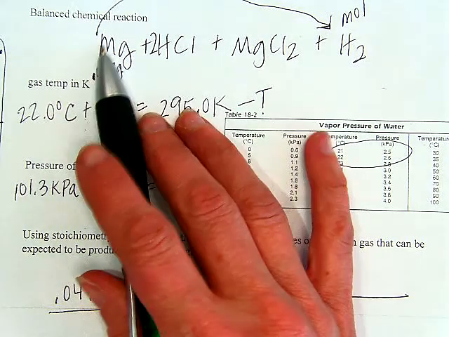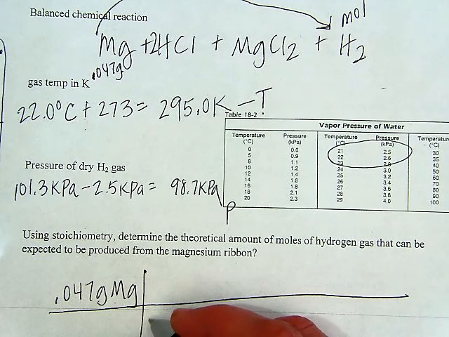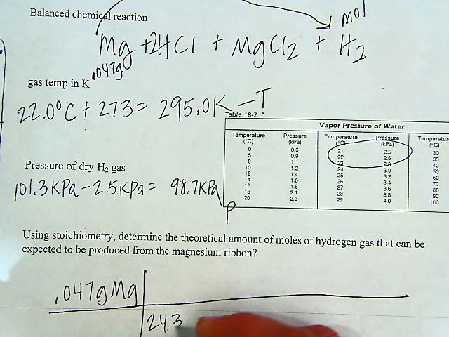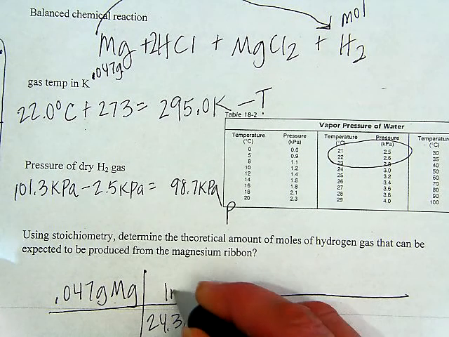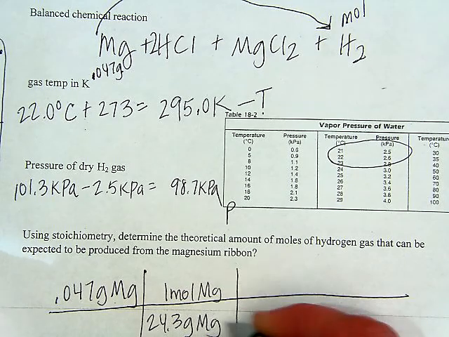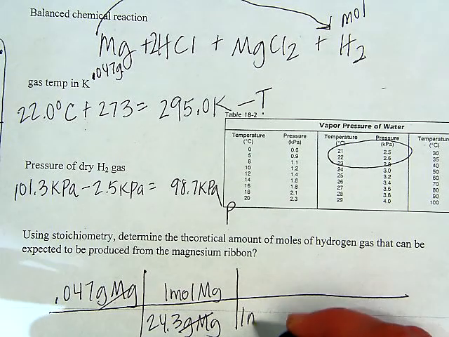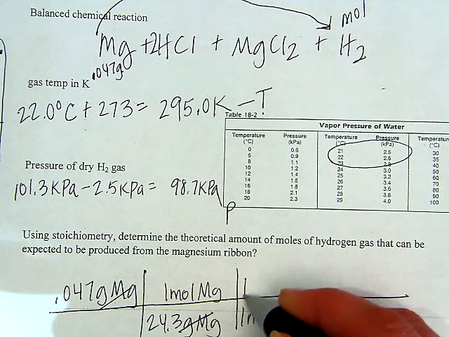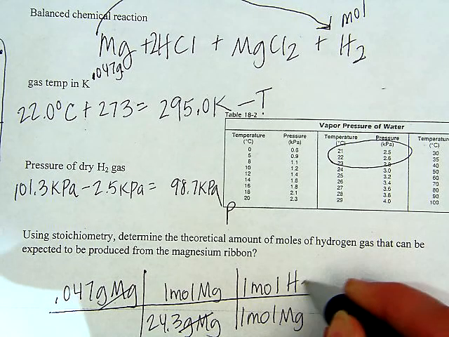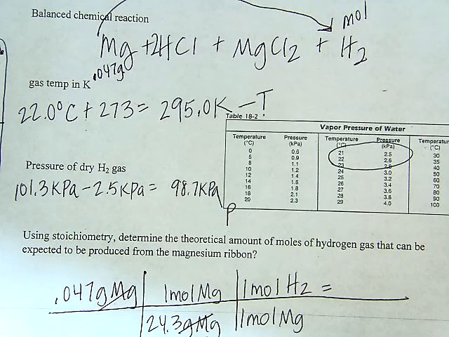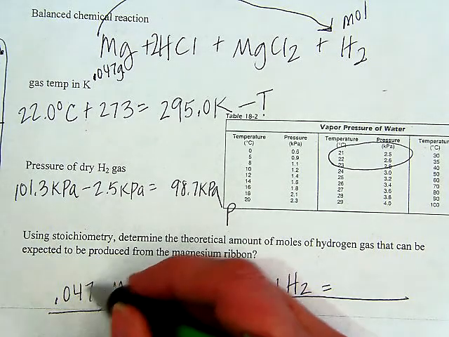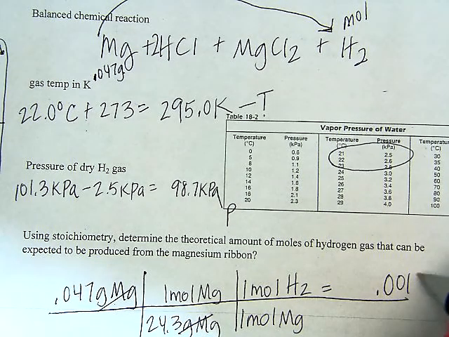If there's a 1-to-1 mole ratio, I need the molar mass of magnesium to convert to moles. At that point, I'm ready to cross my bridge. In this case, it is a 1-to-1 mole ratio. Type that in my calculator. Two significant figures. My answer is moles of hydrogen.